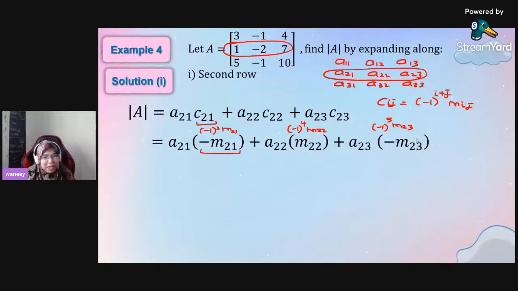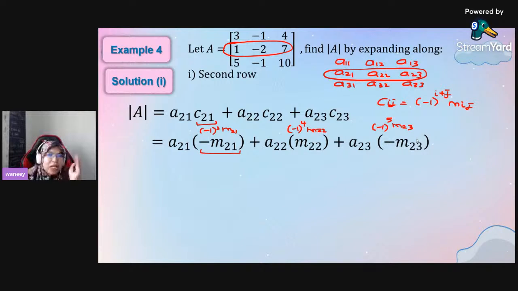And then from the minor, we are going to refer to the formula for the minor to calculate M21, M22, M23. Okay, so now what is M21? M21 is the determinant after deleting the second row, first column.